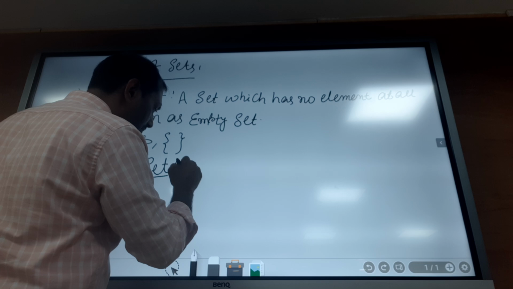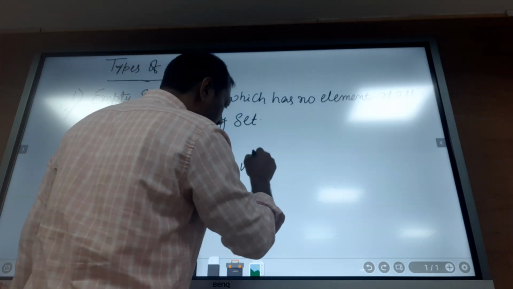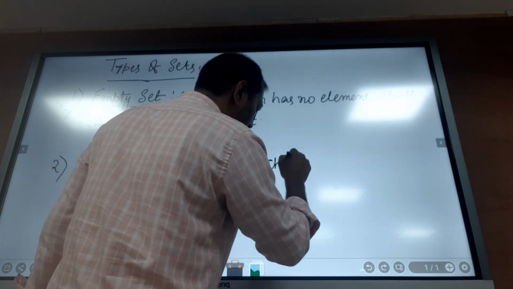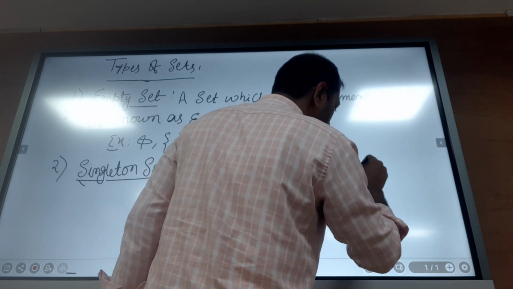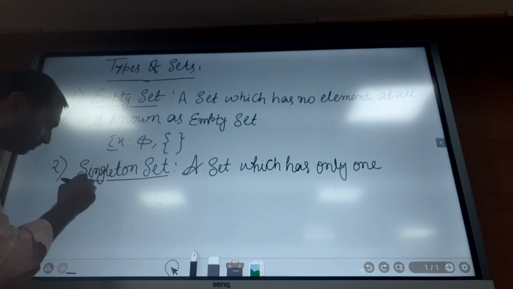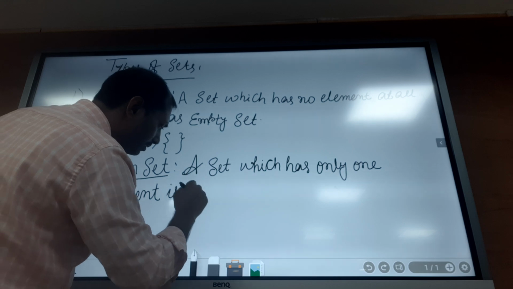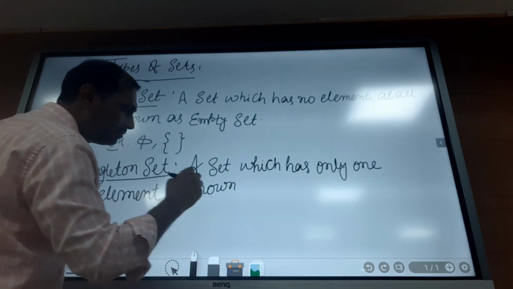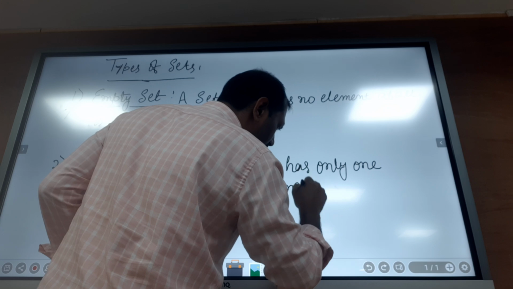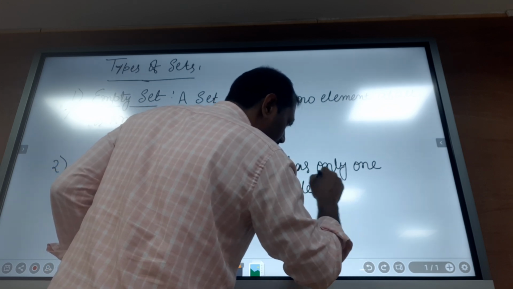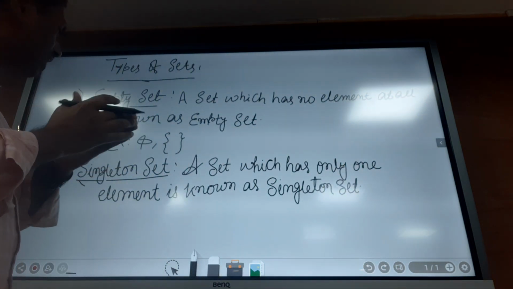A set which has only one element is known as singleton set.